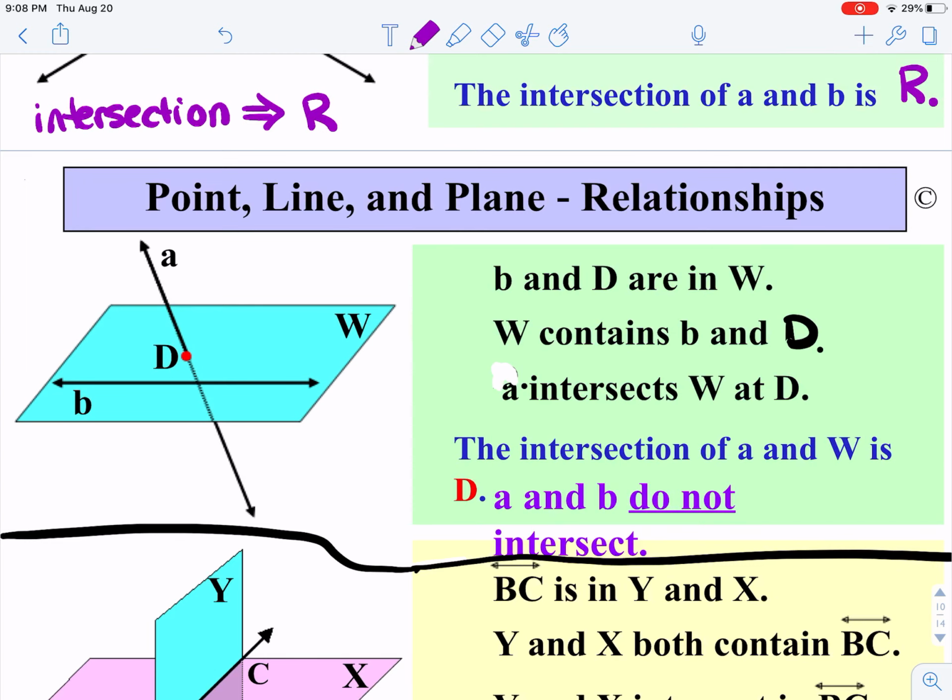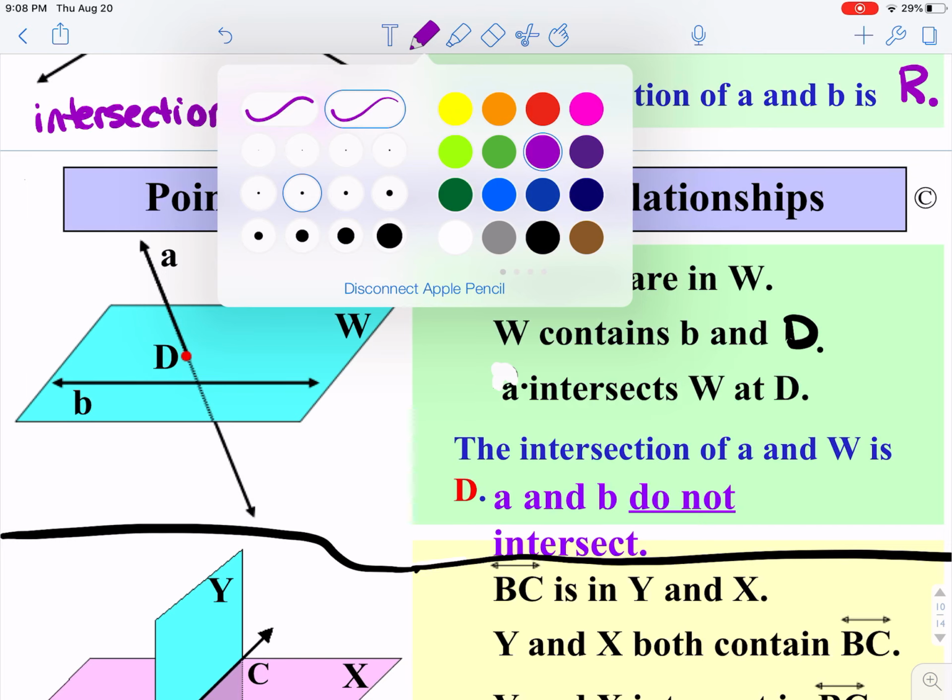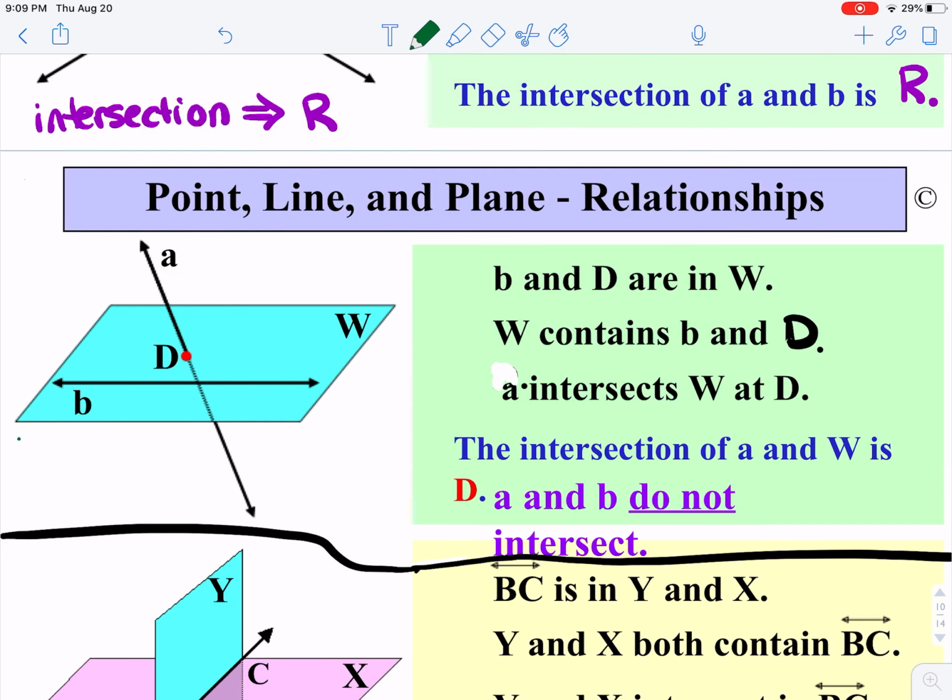All right, next one. Let's go green. In this one we've got a line and a plane. Think of this as, again, this behind here, you don't actually see that. That's not lying on the plane. That's going through the plane. That's why it's dotted there.